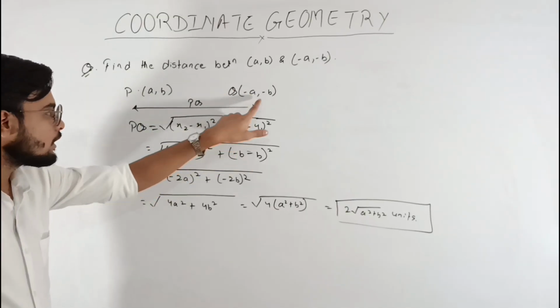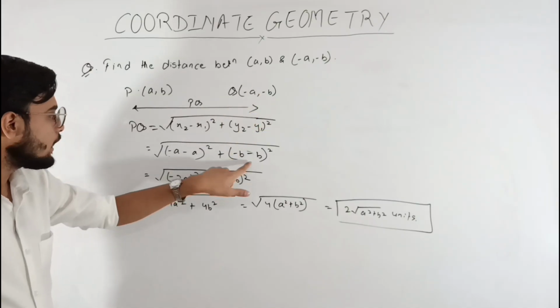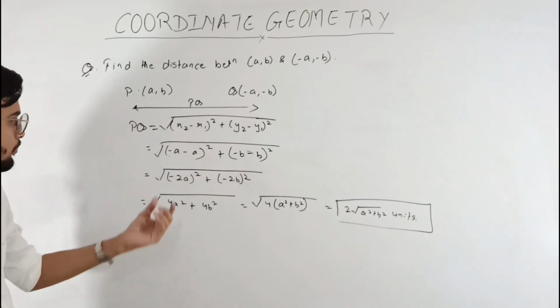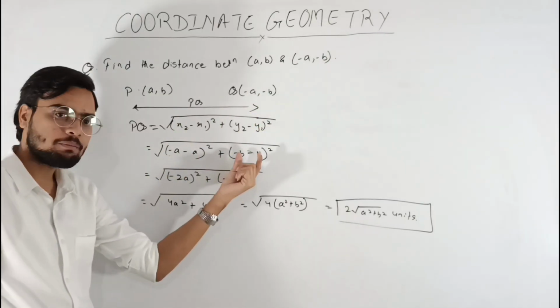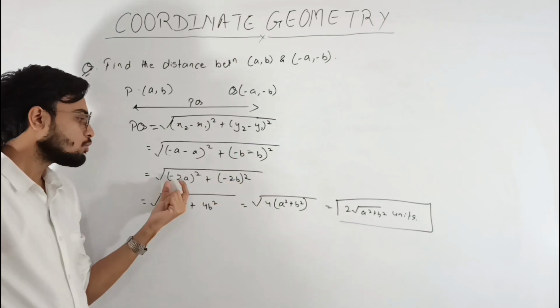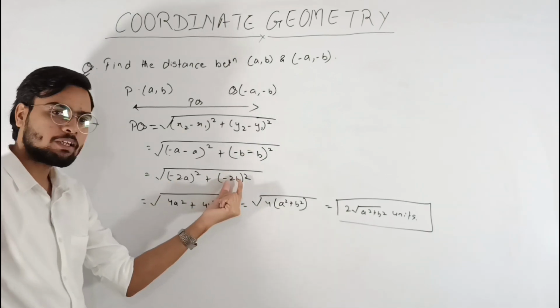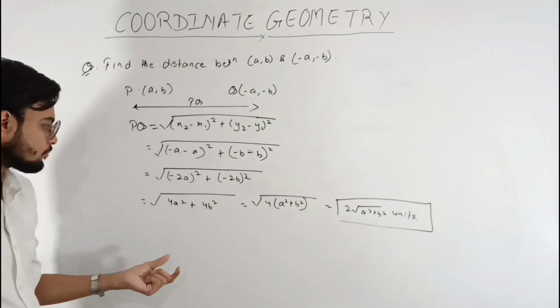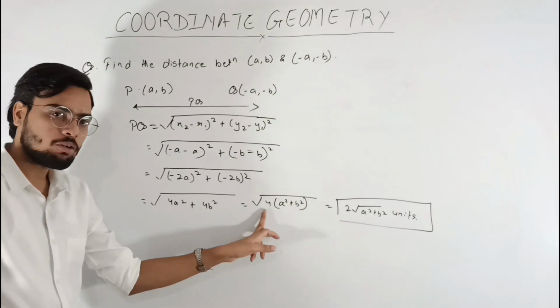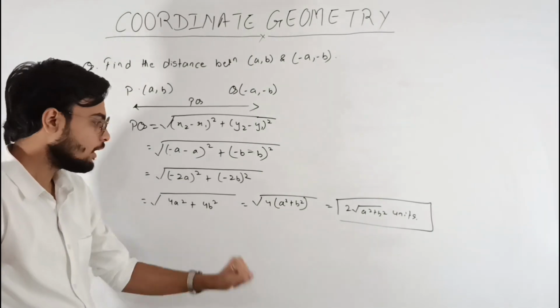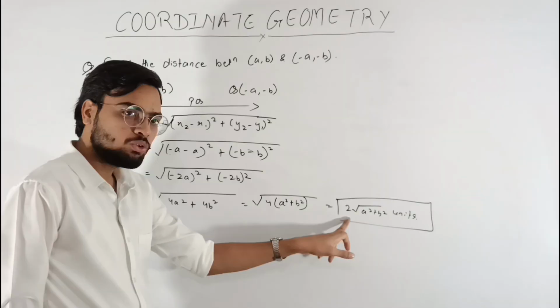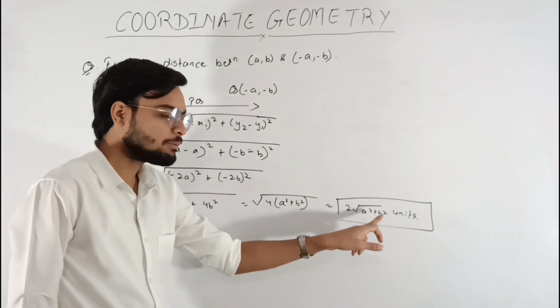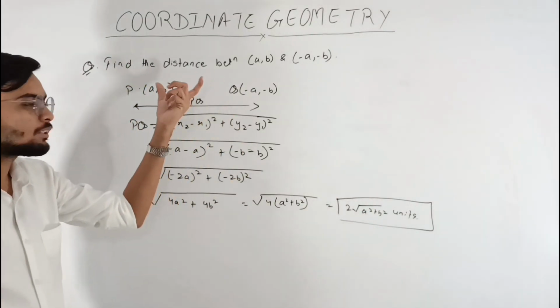Now y2 is minus b, minus sign, then y1 is b. So minus a minus a becomes minus 2a, minus b minus b becomes minus 2b. So (minus 2a) square is 4a square and (minus 2b) square is 4b square. Now from these two I take 4 as common, then what are we left with? Only a square plus b square. Now root 4 is 2, so 2 under root a square plus b square is the answer of this question.